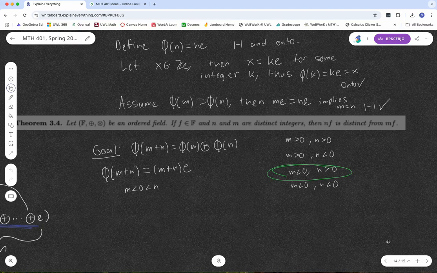We want it to be phi of m plus phi of n. Working like this is kind of hard, so let's start at the other side. Let's do phi of m plus phi of n.